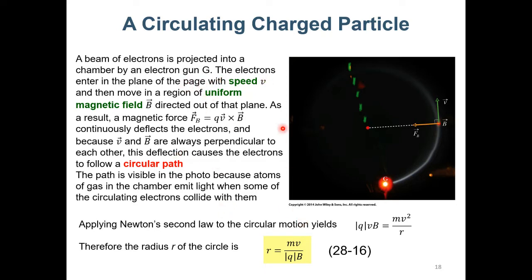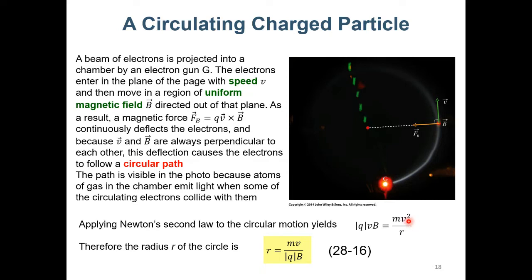But here, we apply Newton's second law to the circular motion. We have qvB as the Lorentz force F, and a is v squared over r, if you can still remember the circular movement.